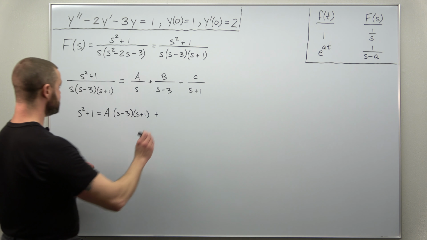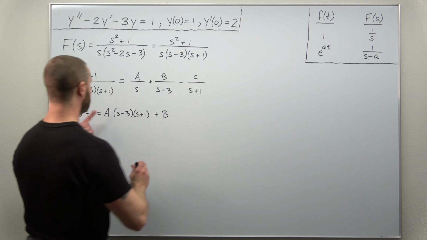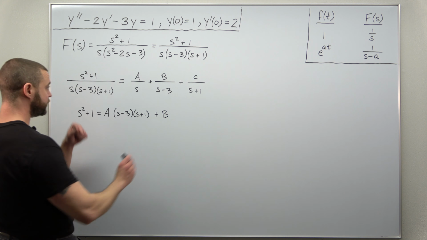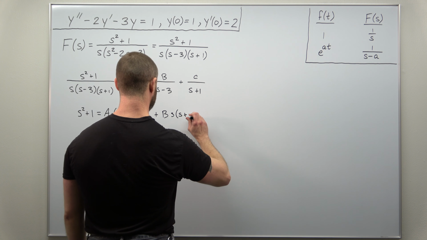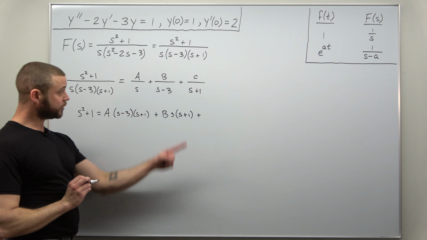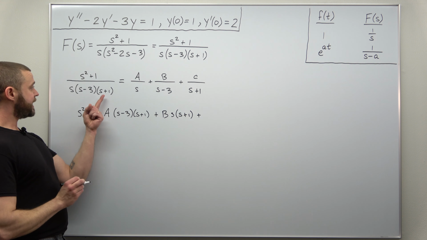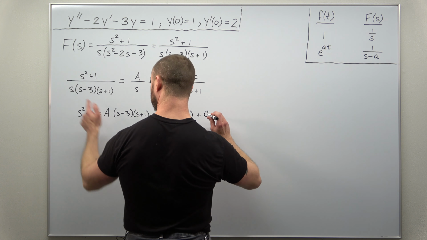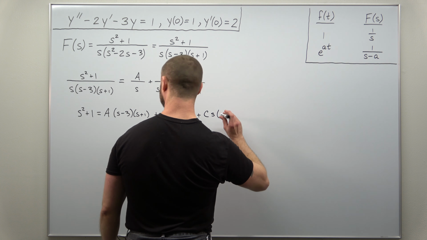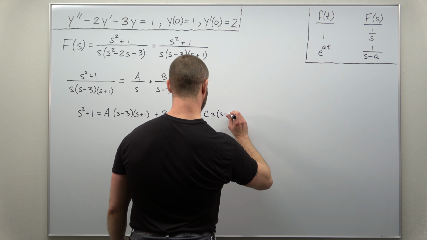Now we're going to have B. The s minus 3 is going to cancel here, so we have B times s plus 1. And then your last term involving C, the s plus 1 term cancels, leaving us with C times s times s minus 3.